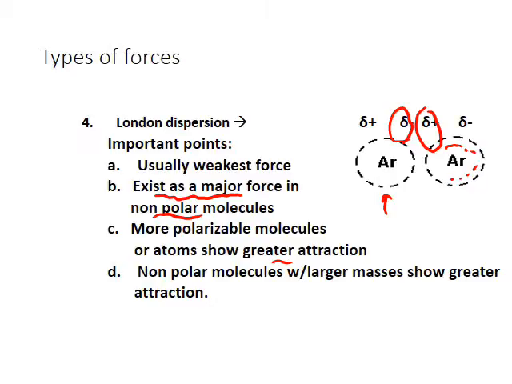So the second argon would have negative charges at the farther end because these electrons are repelled from the incoming argon. And that's how negative charge concentration would be on the right-hand side of the second argon atom.